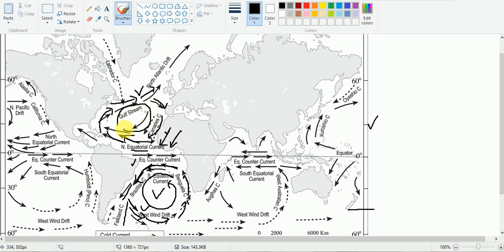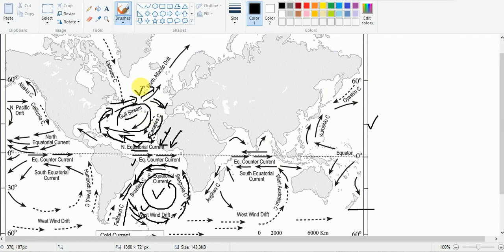And remember, from the equator, due to the northeast trade wind, north equatorial currents are generated. It is turned to the right, and when it is under the influence of the westerlies, it is drifting towards the east, and here the ocean current is renamed as Gulf Stream.